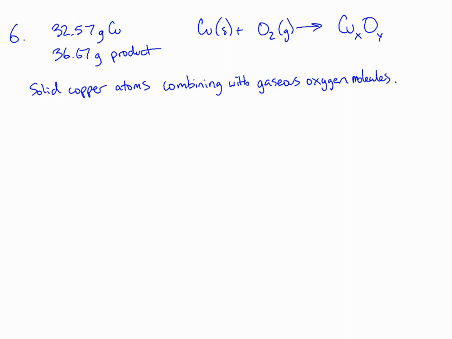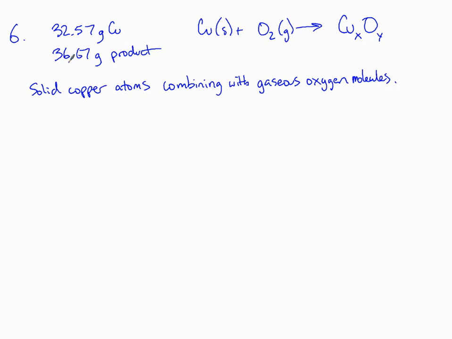We'll see what's going on. So here's what we know. We know how much copper there is. We know how much of this compound that there is. The difference between the two, what is it?